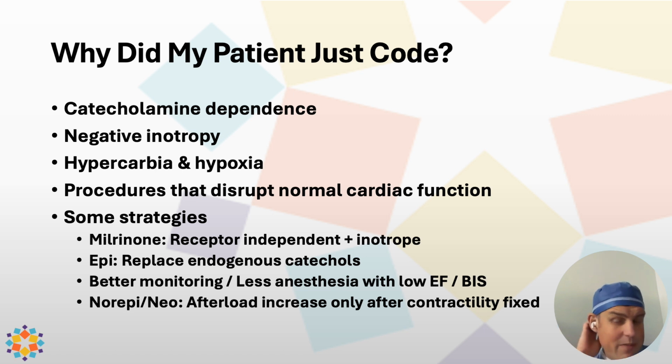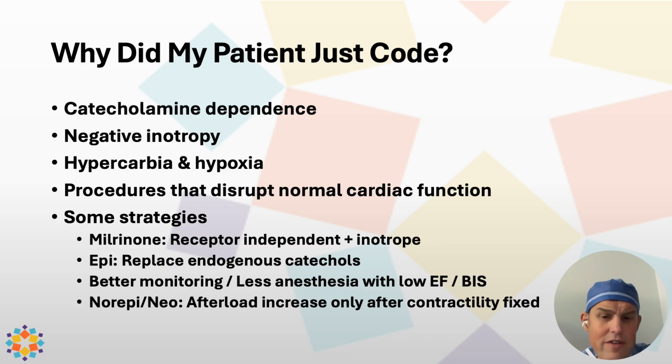Now, why would we give epi? There are times where epi is just a really effective drug because it deals with afterload and contractility. But all of our anesthesia, with the exception of ketamine, I guess, causes some sympatholytic effects and certainly anxiolysis, which reduces your endogenous catecholamines.